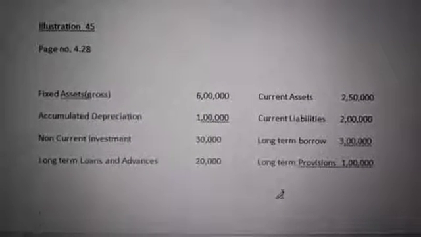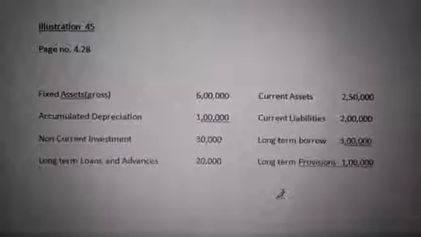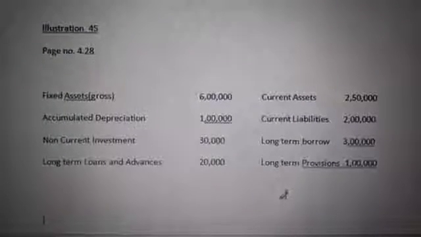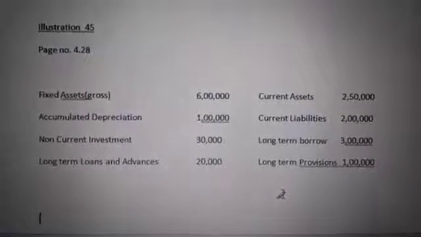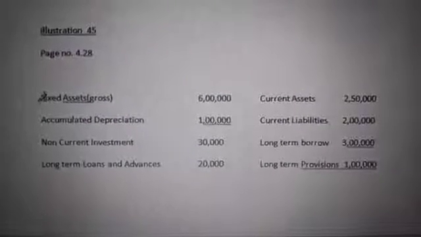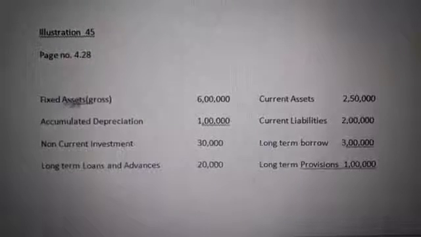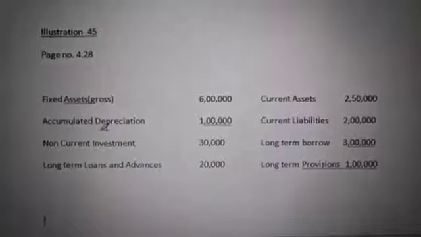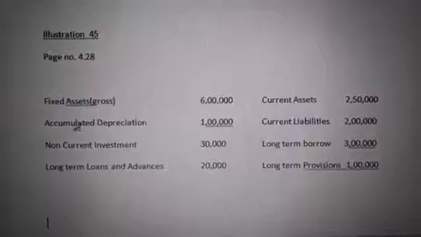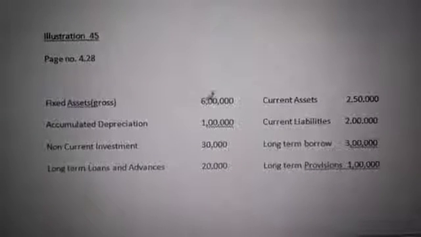We have already discussed in class 11 that from fixed asset, if we deduct the depreciation, the net fixed asset amount will come. So in this also we will do the same thing, because in balance sheet also we write fixed asset and then after we deduct the depreciation. Here accumulated means overall depreciation. So we will deduct it from fixed asset.